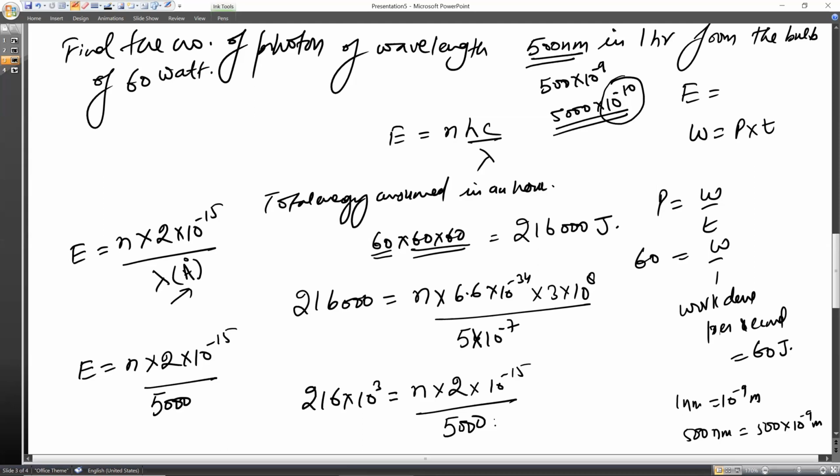N is equal to 432 into 10 raised to 21. What are you saying? How much? 432 into 10 raised to 21. It would be the total number you have calculated in an hour.